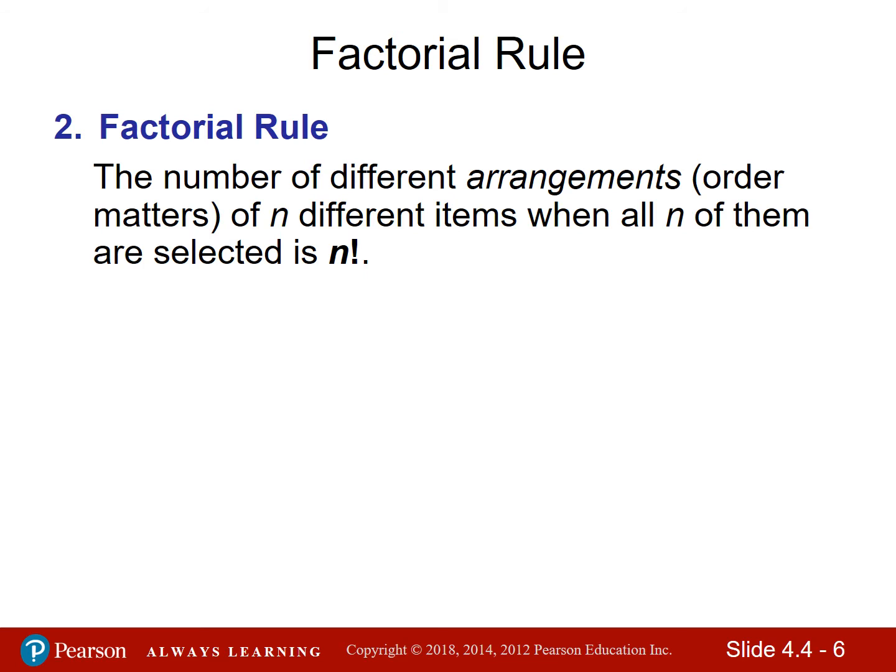For instance, if you have 5 students and you want to arrange them from first to fifth based on their grade, there are 5 students and 5 slots, right? So we can use factorial for that because the order matters. So that will be 5 factorial. Then we're going to go over some more examples.